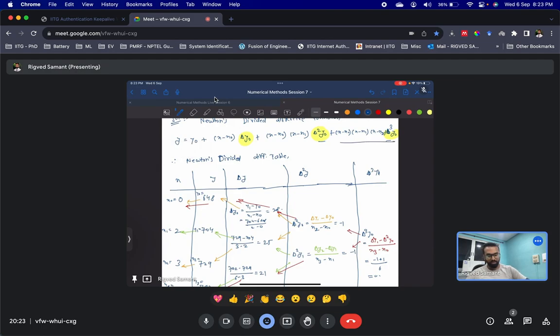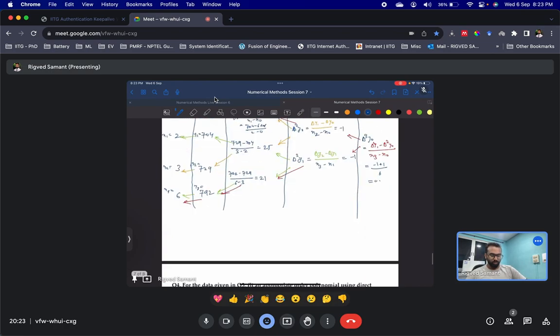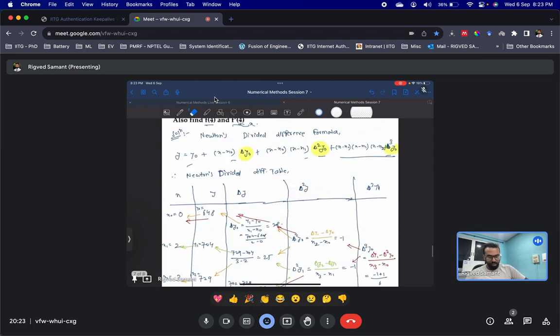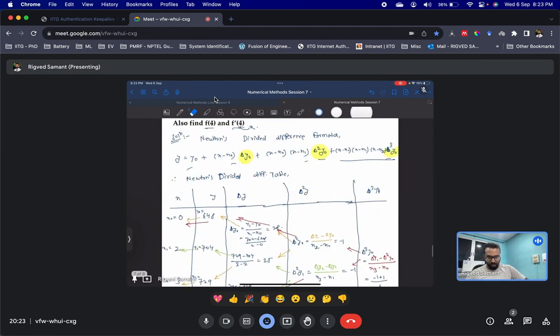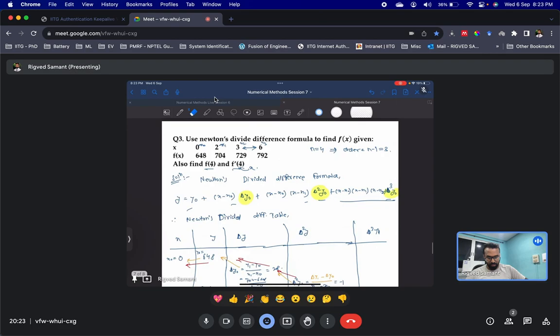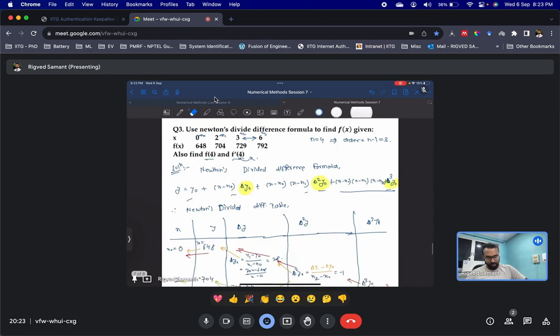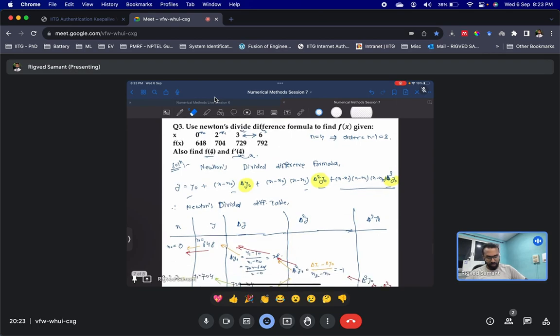You will have this 1, 2 and 3 only. So let's see what will happen now. Right now you have all the values for the formula. Y naught is your 648. X is nothing but the value 4, but we'll just keep x as it is for now, because we also want to find out the f dash of it.